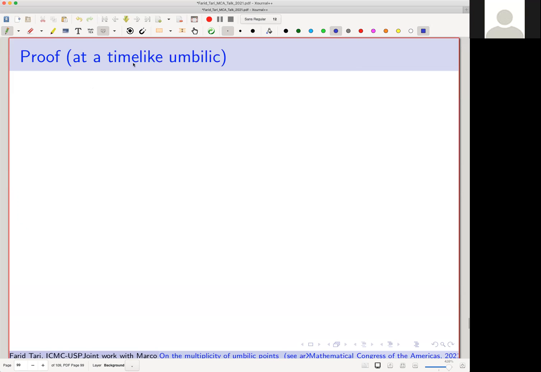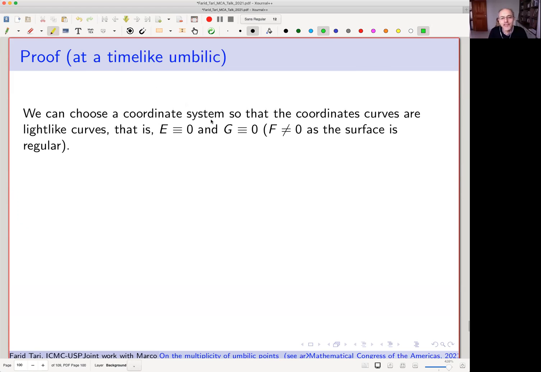So the idea of the proof, and of the other proofs, basically, to simplify, I take the surface and time-like umbilic points, because you have to prove it separately for space-like, time-like, and light-like. So we choose a coordinate system. You remember that at time-like umbilic points, I have 2 light-like directions at each point.